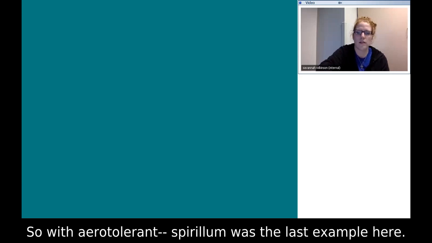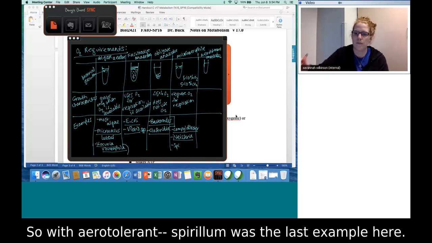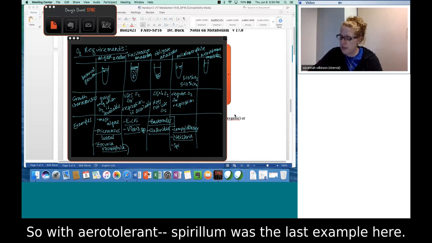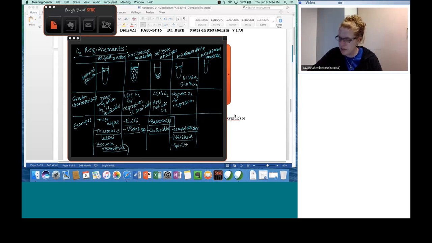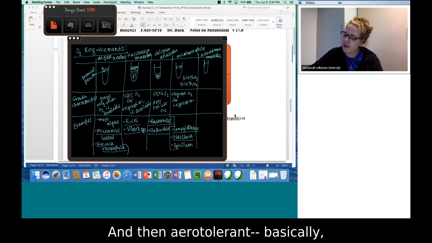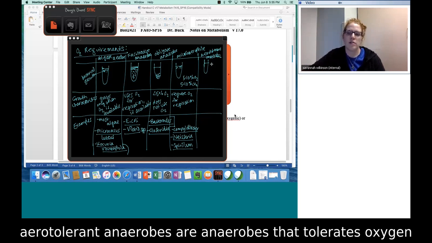Okay, so with aerotolerant, Spirillum was the last example here. Spirillum, yes. And then aerotolerant, basically aerotolerant anaerobes, tolerates oxygen pretty much.